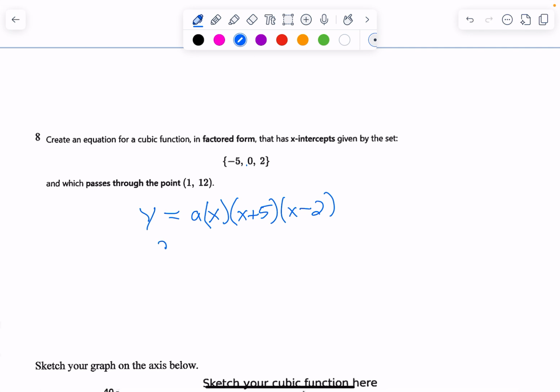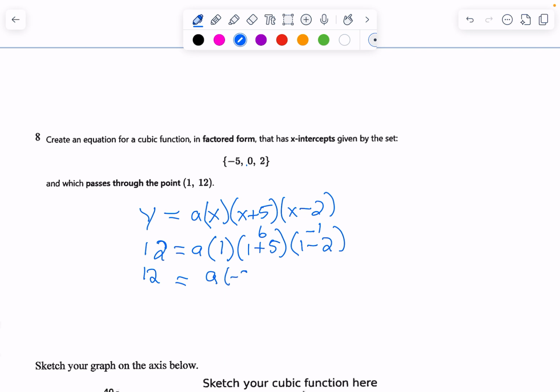So 12 is equal to A times 1 plus 5 times 1 minus 2. So 12 is equal to A, this is 6, and this is negative 1. So it's A times negative 6. We're going to divide by negative 6, divide by negative 6. We get A is equal to negative 2.